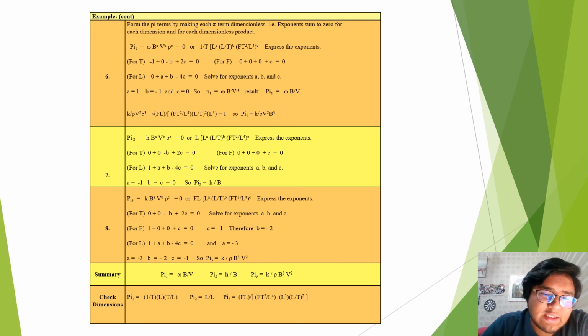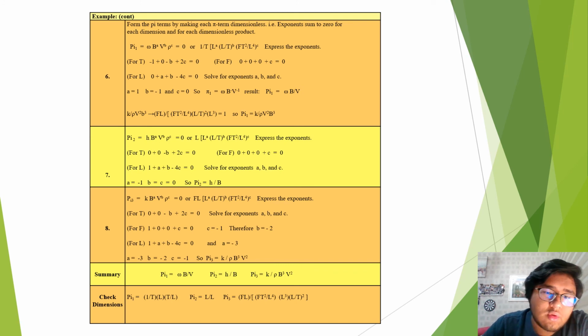So the last step is the same as the sixth and seventh step. We have to express the exponent but using the third algebraic equation that we developed before this. So pi3 is equal to k over rho b to the power of 3 and v to the power of 2.